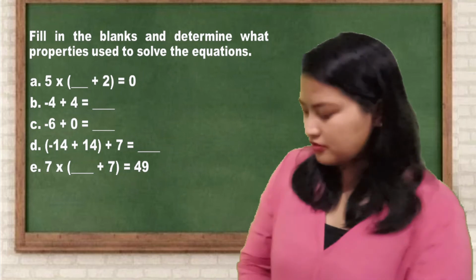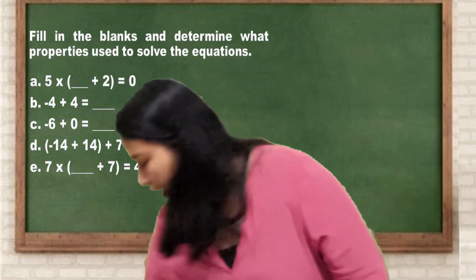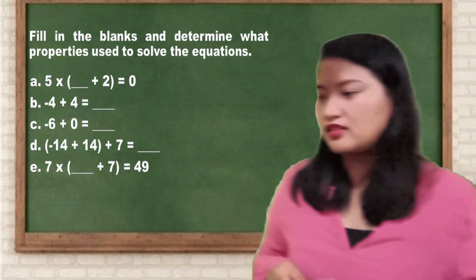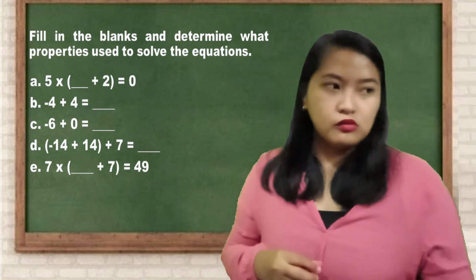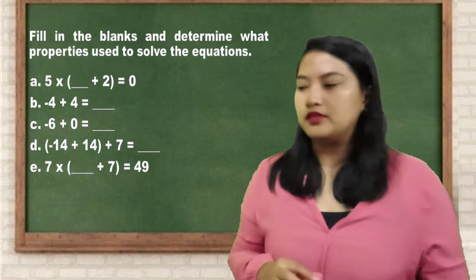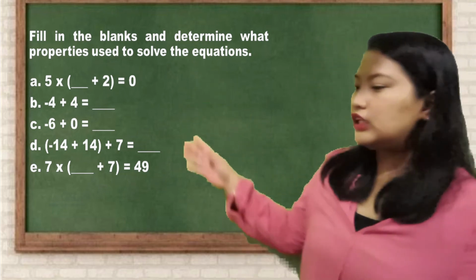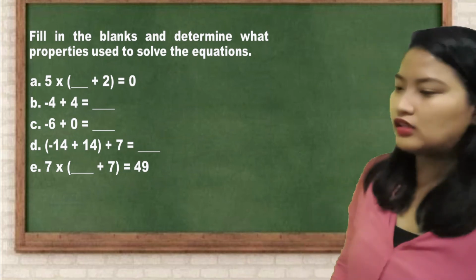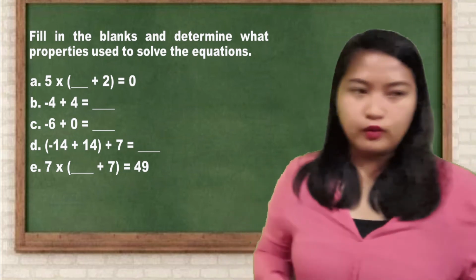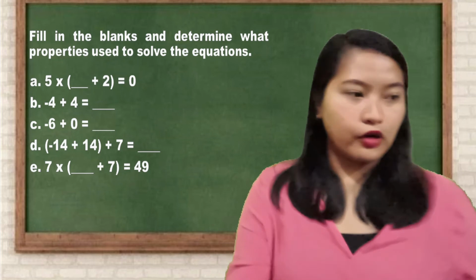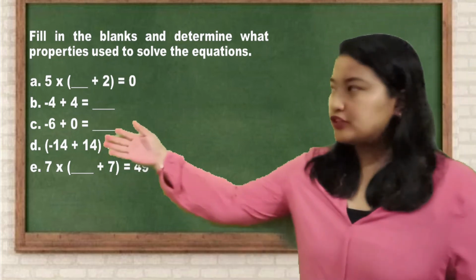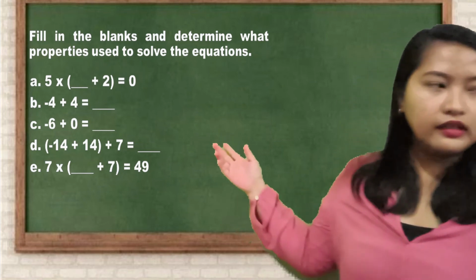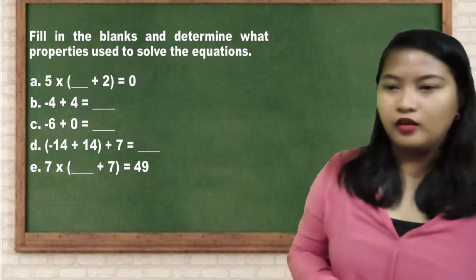Okay, let's start answering the following activity. So I still have here remaining popsicle sticks to call one student to answer one item. Okay, in your activity, we need to fill in the blank and determine what properties are used to solve the equations. Okay, let's start with letter A. We have Marian. Marian, please read first the mathematical sentences, then the missing number, then the last would be the property. Okay, very good.